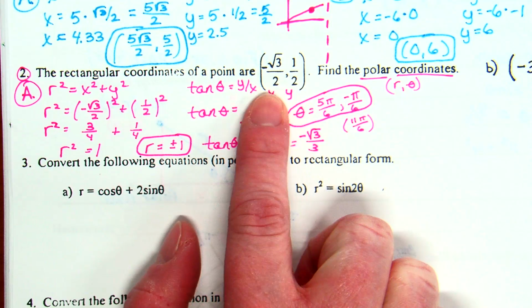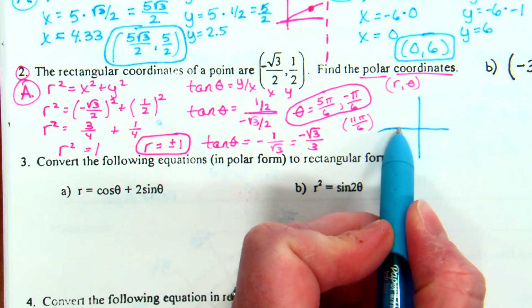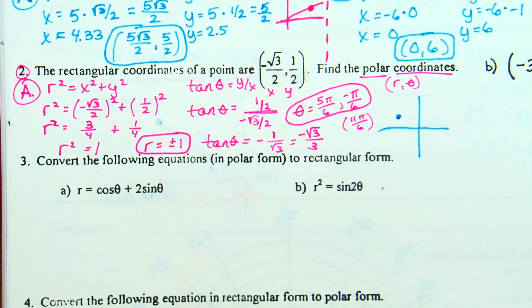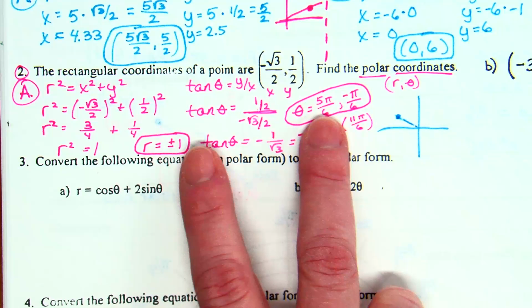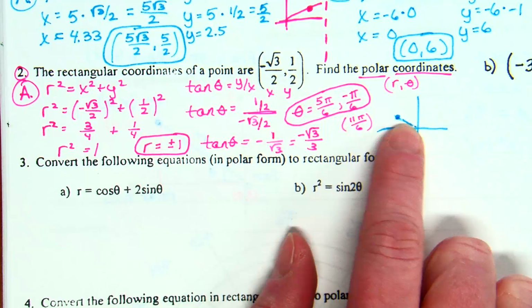Because if I go negative square root of 3 over 2 left and then 1/2 up, I'm going to end up here, right? So that is my rectangular coordinate there. Now, we've got to make this work somehow. Okay, what are the polar coordinates here? So what angle is this on? Which angle is in this quadrant?